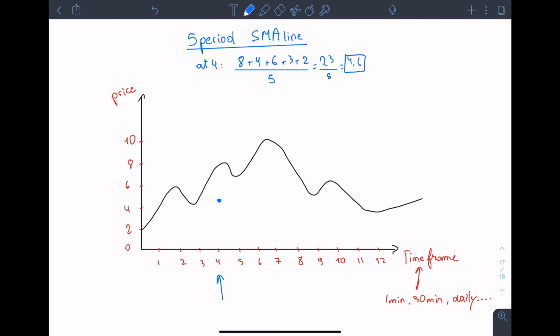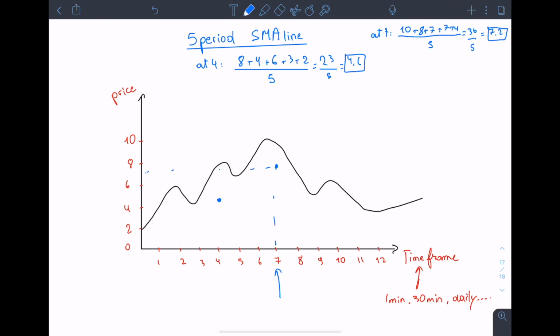We can take another example at 7, where we do exactly the same thing. We're going to take the average of the last 5 prices from 7. So we're taking the average of the last 5 candles, which is 36 over 5, and we get 7.2. And we plot 7.2 on the chart, we get another point on the 5-period SMA line for the stock price.